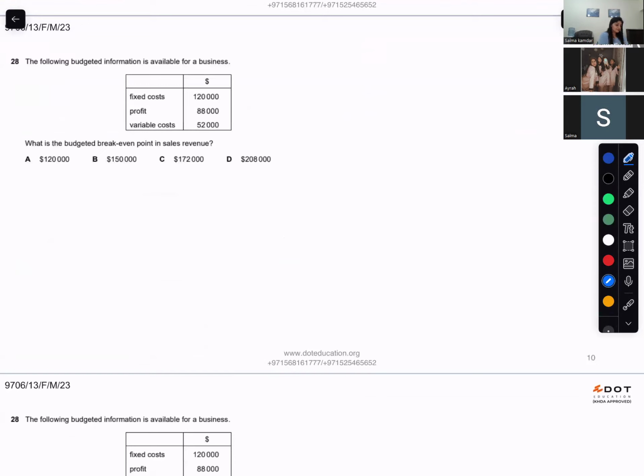Next one. The following budgeted information is available for a business. What is the budgeted break-even point in sales revenue? So it'll be fixed cost upon contribution.